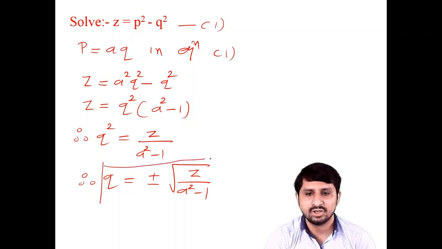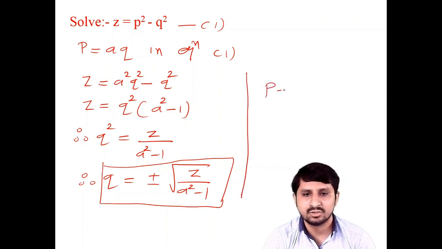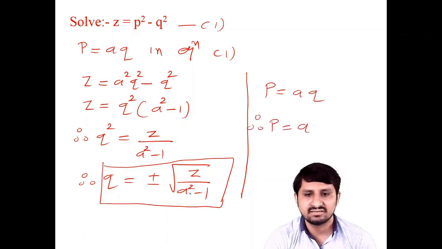So this is the value of q. Now we know what our p is. p is equal to a into q. So we can write p is equal to plus or minus a square root of z upon a square minus 1. So this is the value of p.